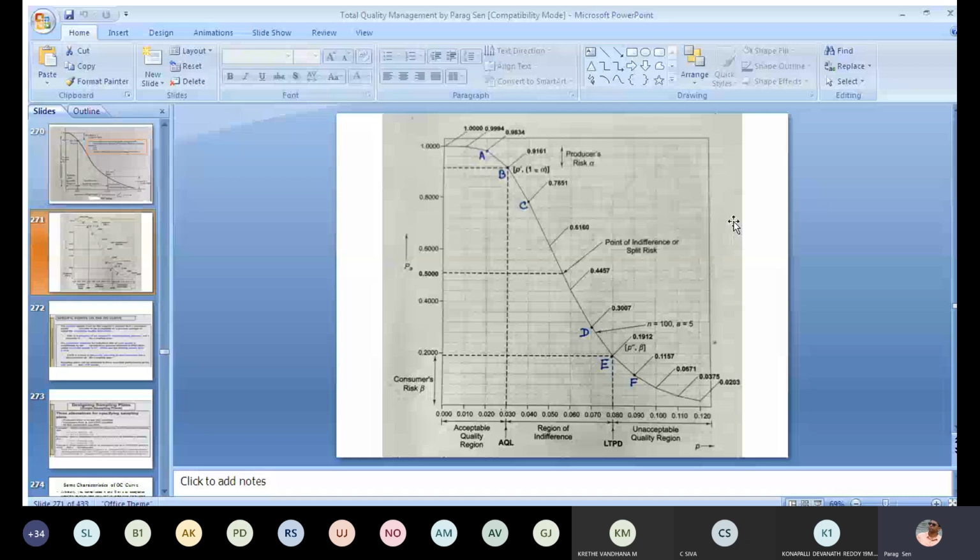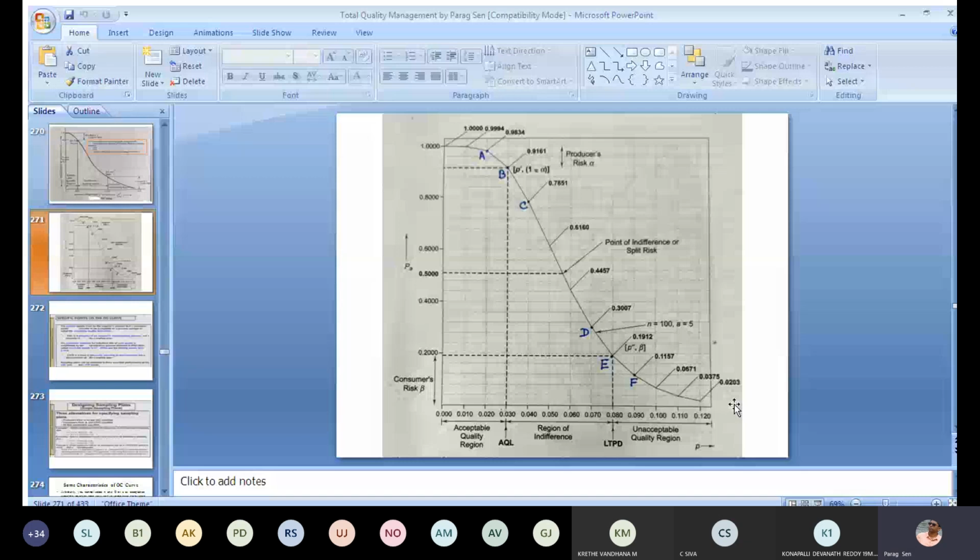Here they have earlier decided on B and E, the 2 points through which our curve will pass. Trial and error method means they check the sample size and acceptance number.